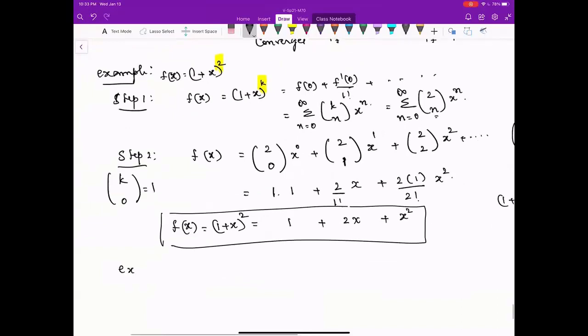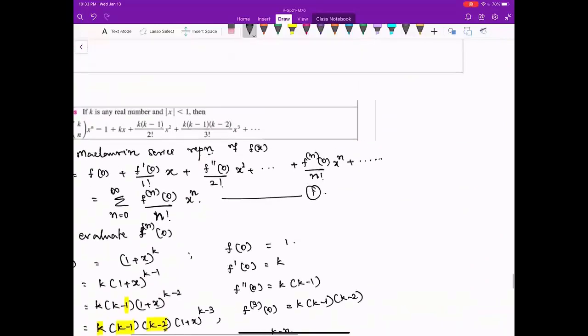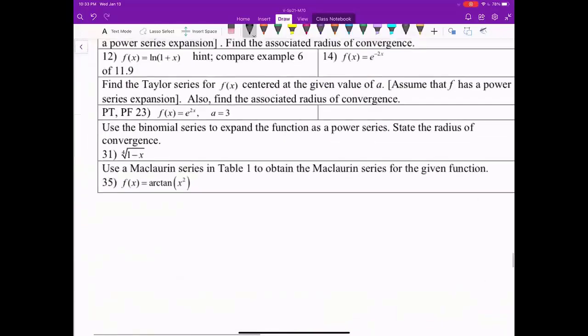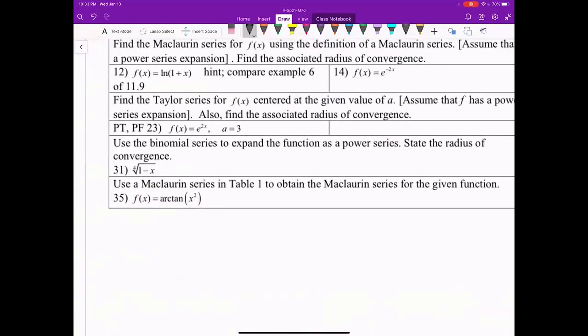Let's try one more challenging problem, a little more difficult, from the suggested exercise problems. Let's try problem number 31.